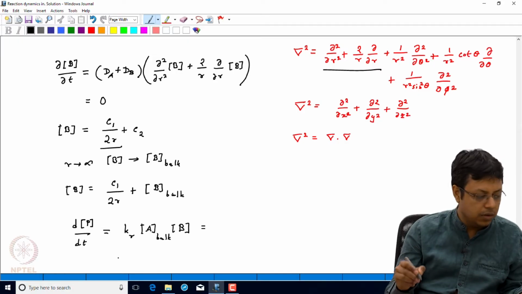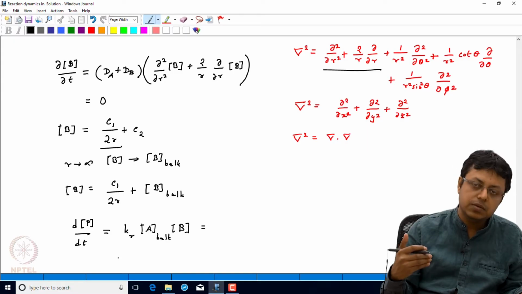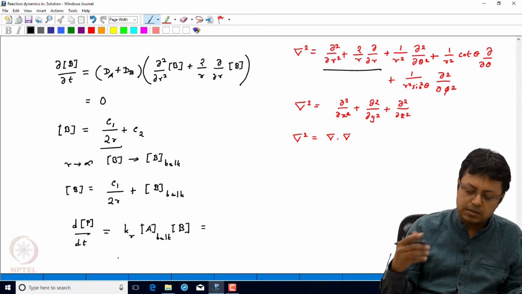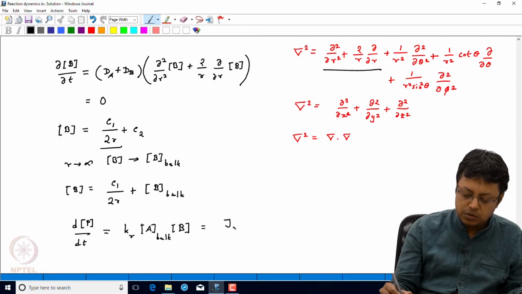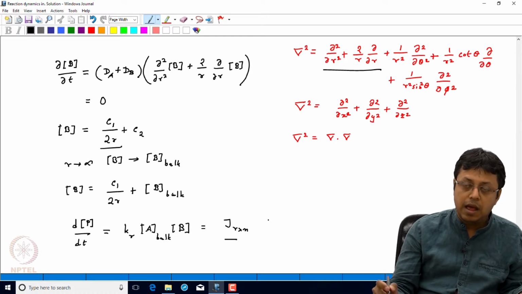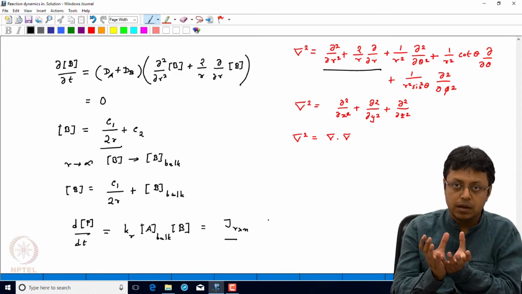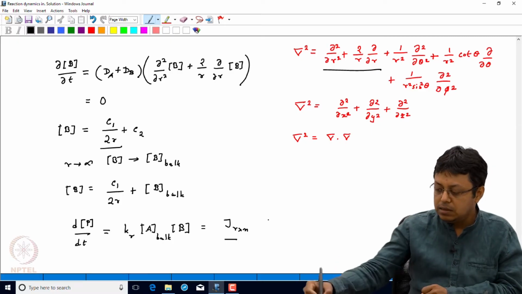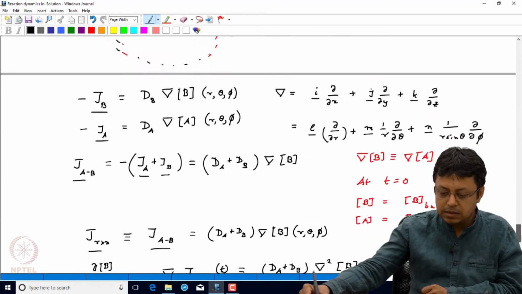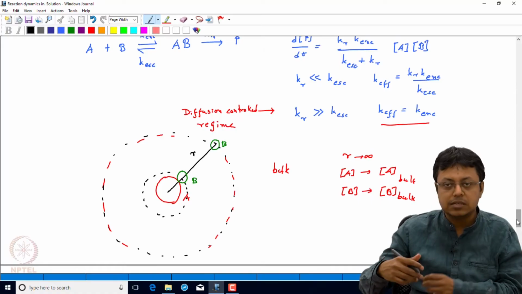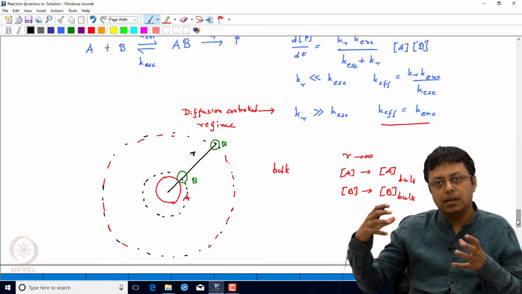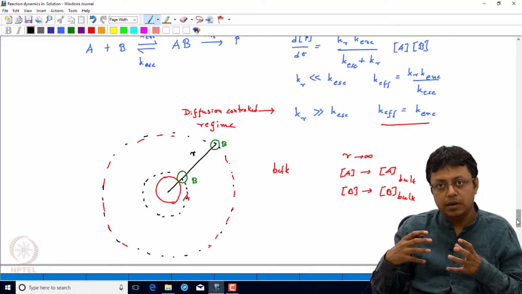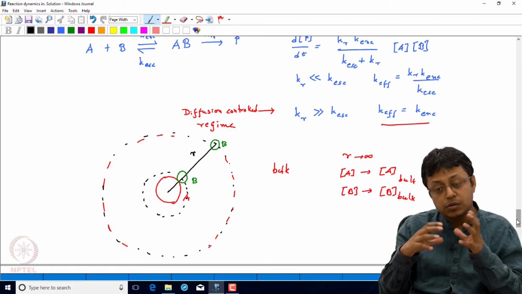Now you know what the B equation is. The rate should be the flux, which is the reactive flux we have already talked about, and then I have a volume within which this flux is happening. Flux is the flow per unit area per unit time, and then I also have to consider the volume.